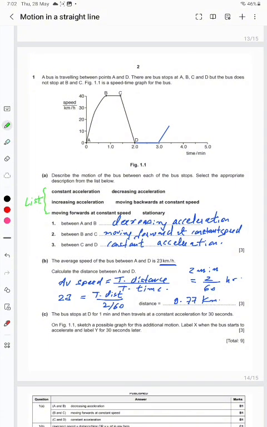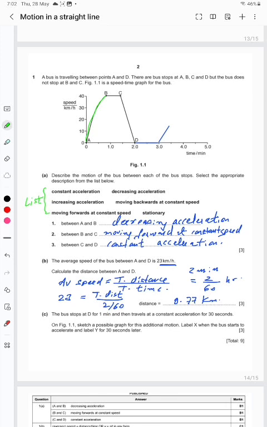In 1, they're asking what is happening between A and B. Between A and B, you are seeing that it's a curve, not a straight line. A curve is representing changing acceleration. If it is a straight line, you can say acceleration is constant, but since it's a curve, it's a changing acceleration.